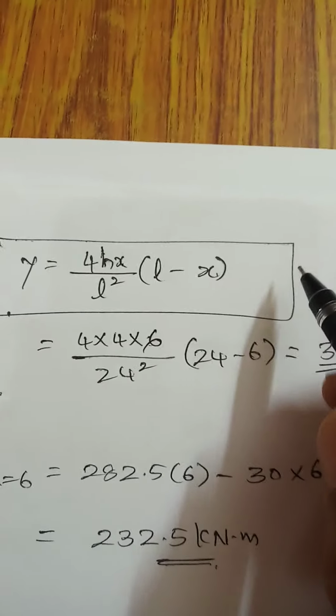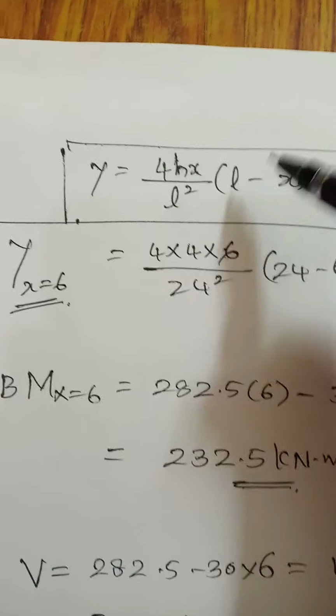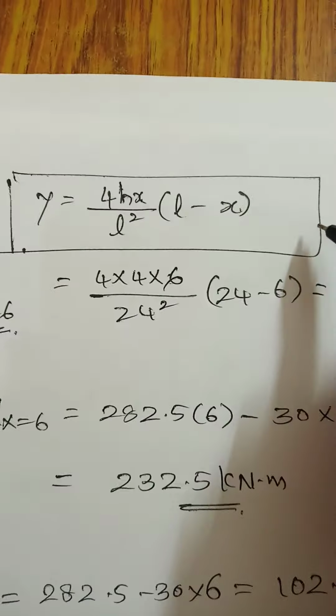After that, since it is given as a parabolic arch, we can write for a parabolic arch y is equal to 4hx divided by L square into (L minus x).